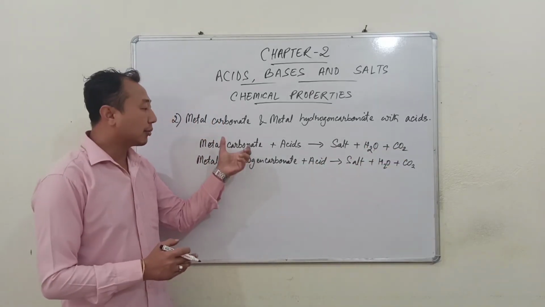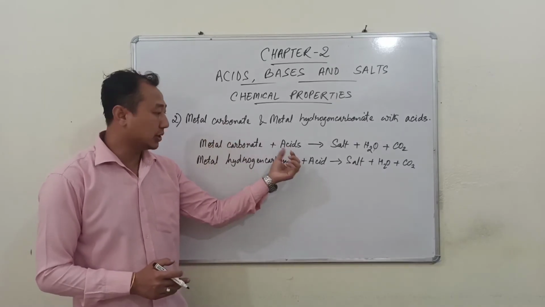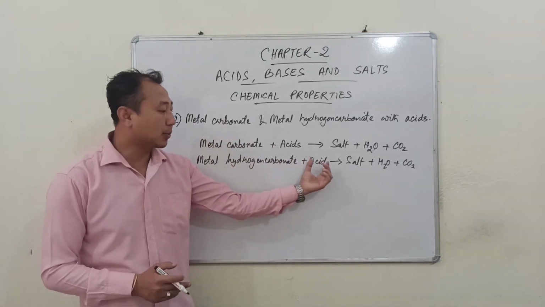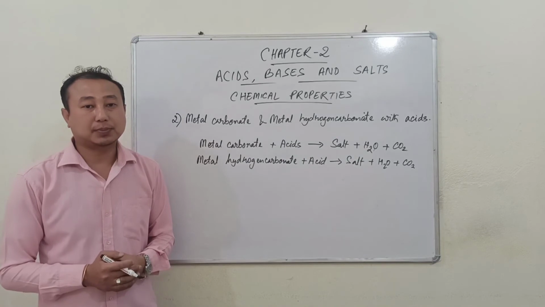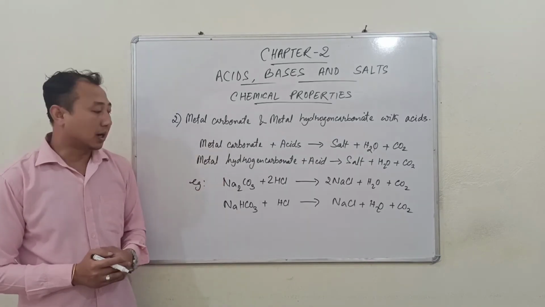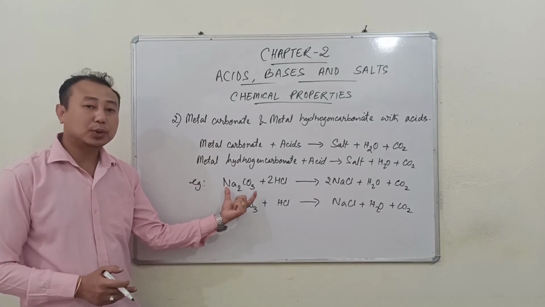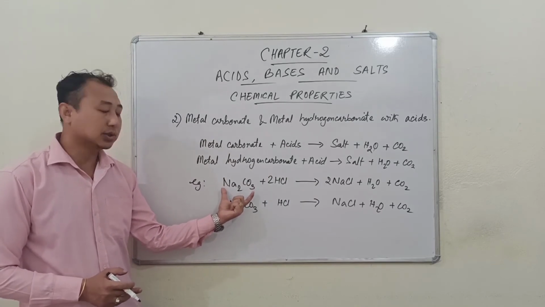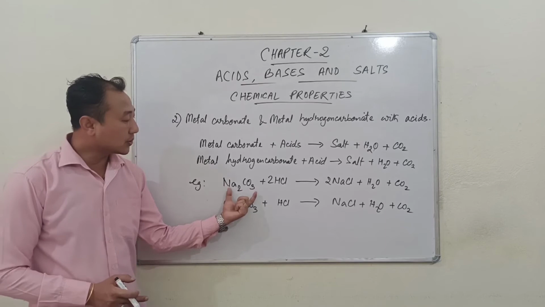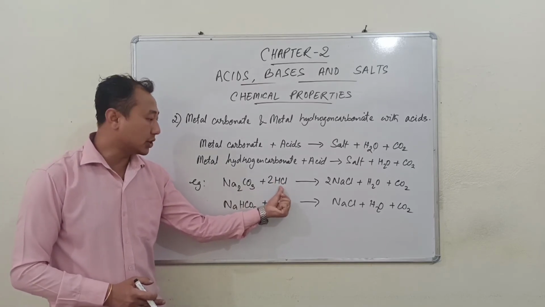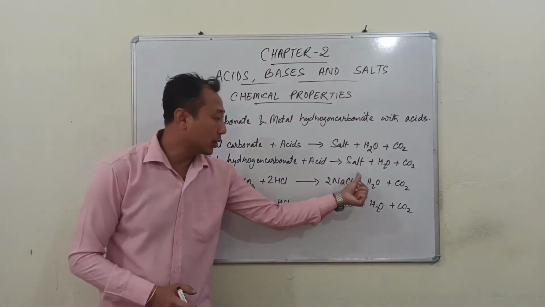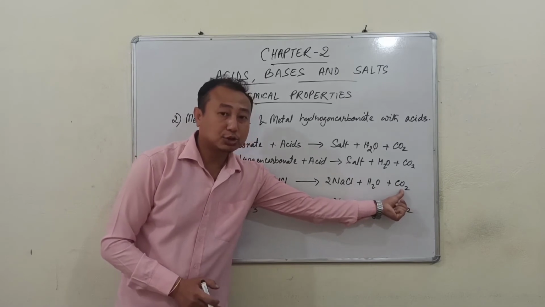Let us see the reaction of metal carbonate with acid as well as metal hydrogen carbonate with acid by taking an example each. The first example is the reaction between a metal carbonate and an acid. Here, the metal carbonate used in this reaction is sodium carbonate. This sodium carbonate, when reacted with hydrochloric acid, forms sodium chloride, water and carbon dioxide.